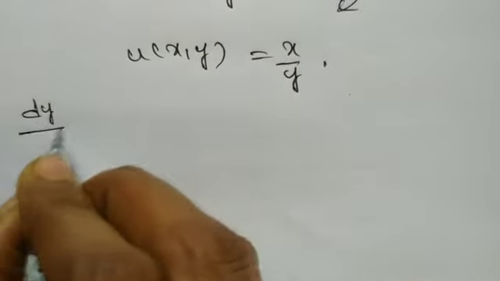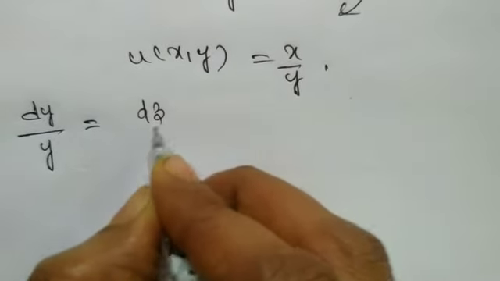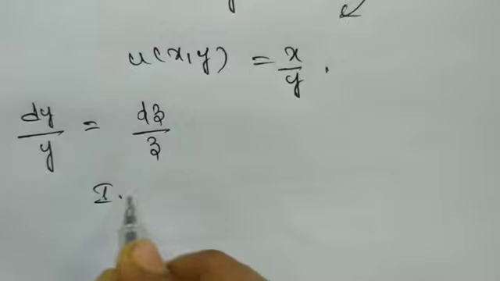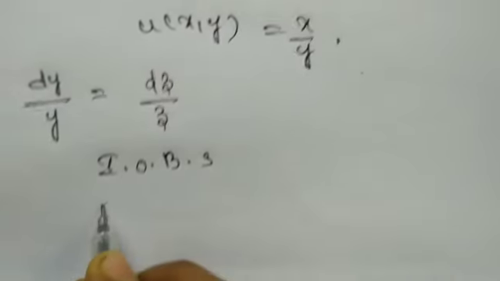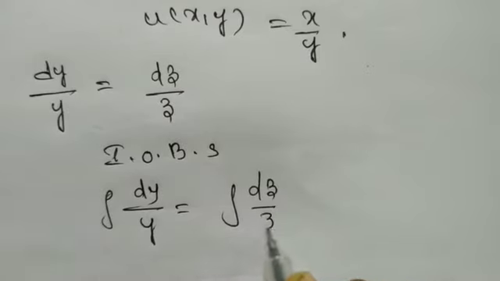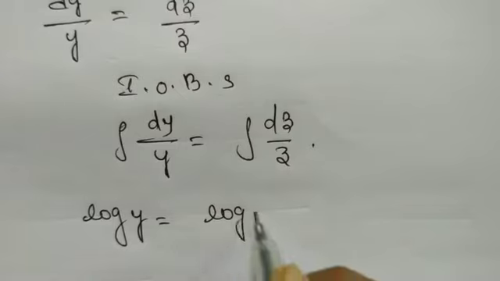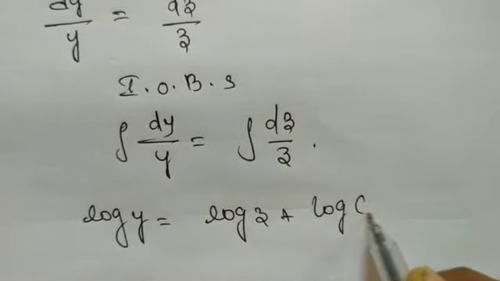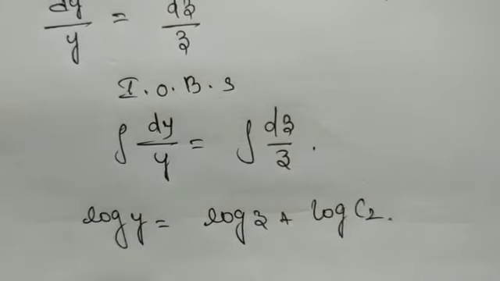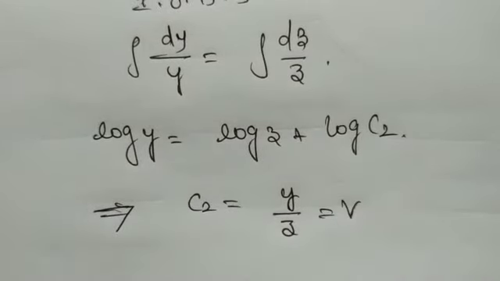Next I am taking the last two terms of the subsidiary equation, that is dy by y equal to dz by z. Then integrating on both sides, integration of dy by y equal to integration of dz by z, then log y equal to log z plus log c2. Therefore c2 equal to y by z, that is equal to v.